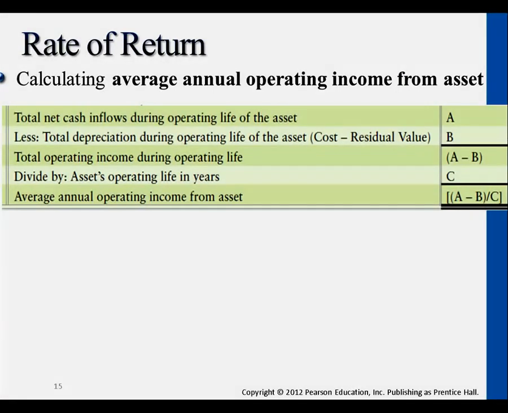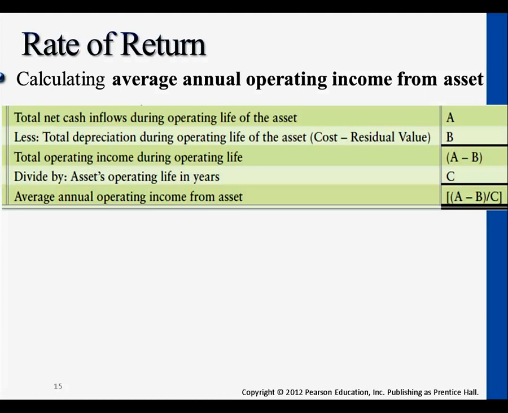Here I wanted to show you how it's usually calculated. When we calculate our average annual operating income from an asset, these are the components we are going to utilize. First is our total net cash inflows during the operating life of the asset. Then we subtract our total depreciation during the operating life of the asset, which, like I said, is really cost minus residual value.